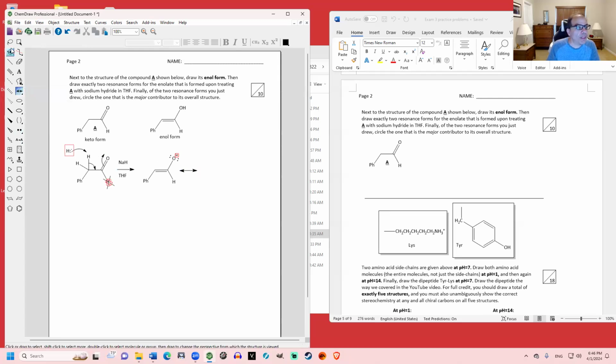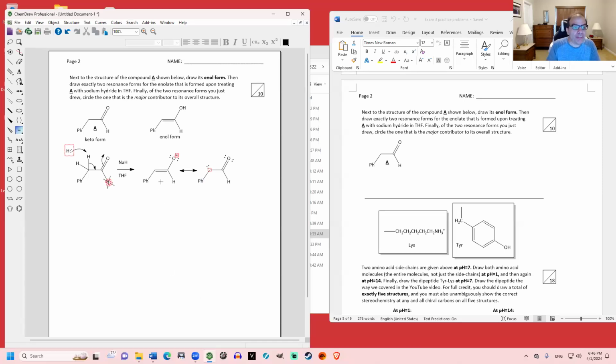And the other resonance form of the enolate will have the minus charge on carbon. Like that.